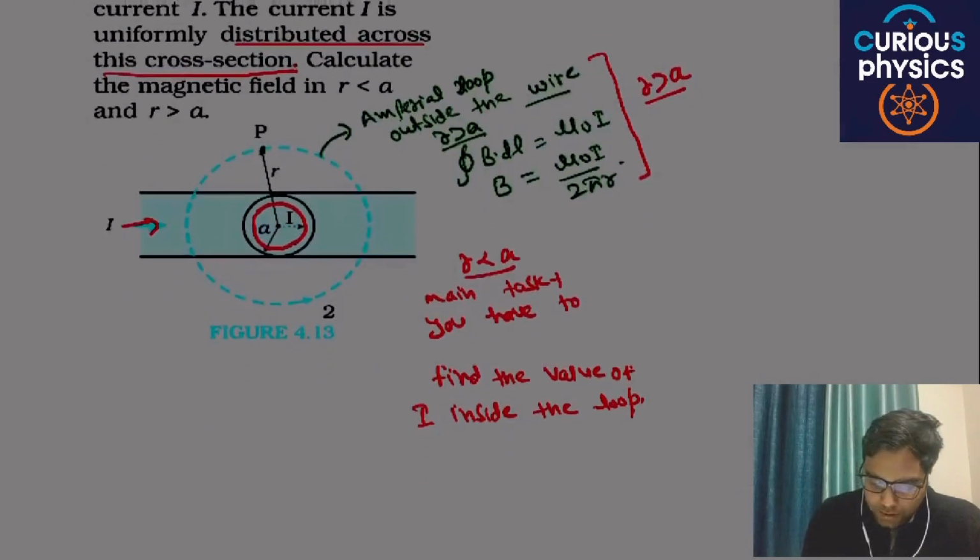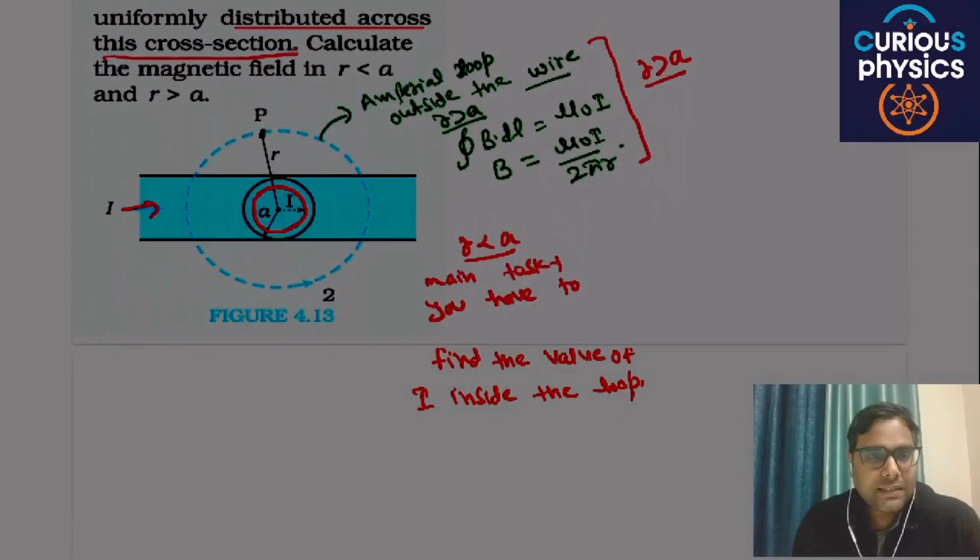So let's say R is the radius of this particular wire.